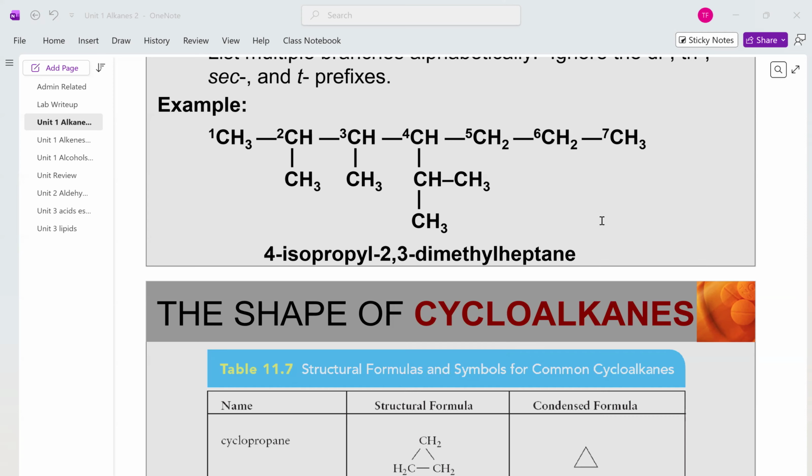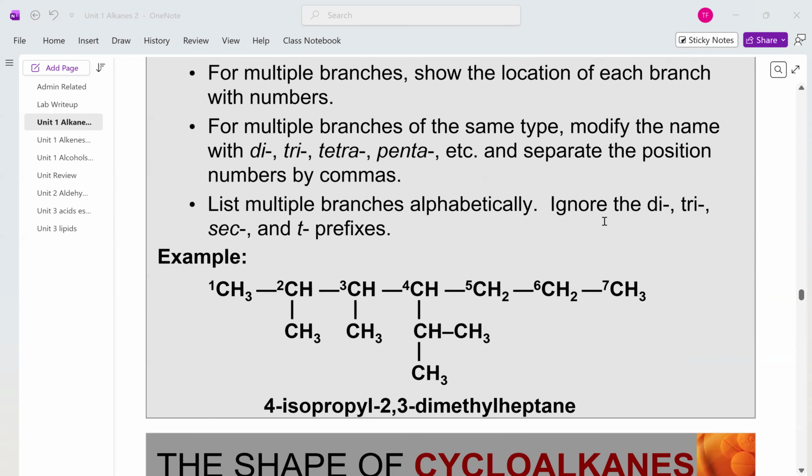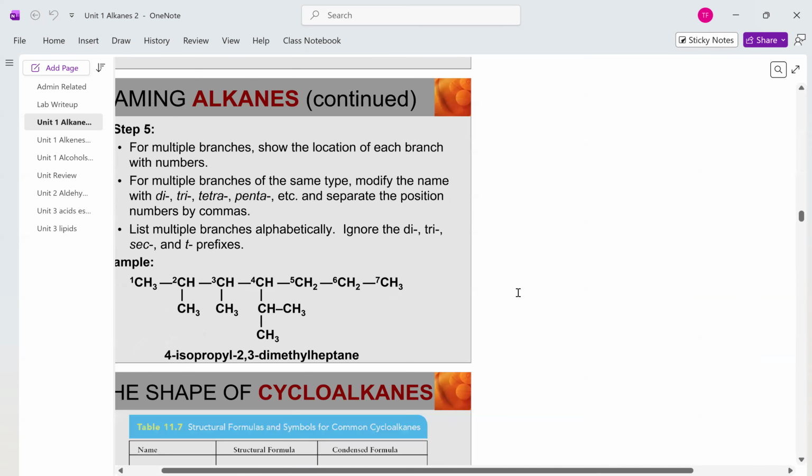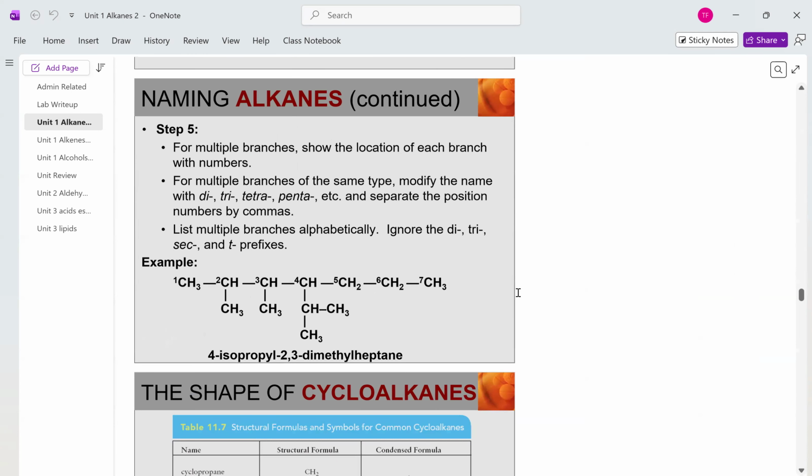Okay, so we left off with this guy here, and I've changed screens from last time. The same slide, but I've arranged it differently. Let me do a line drawing version of this. There are seven carbons on the backbone. Then we have a methyl on carbon number 2 and a methyl on carbon number 3.